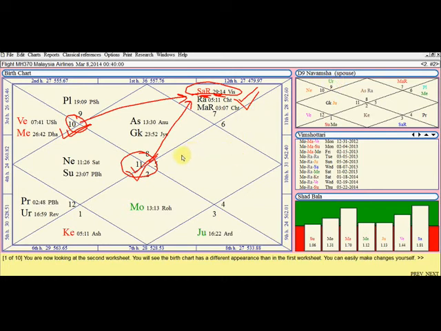So basically, to sort of summarize, first of all, the retrogradation of these two planets, both of which represent machines, both are retrograde.